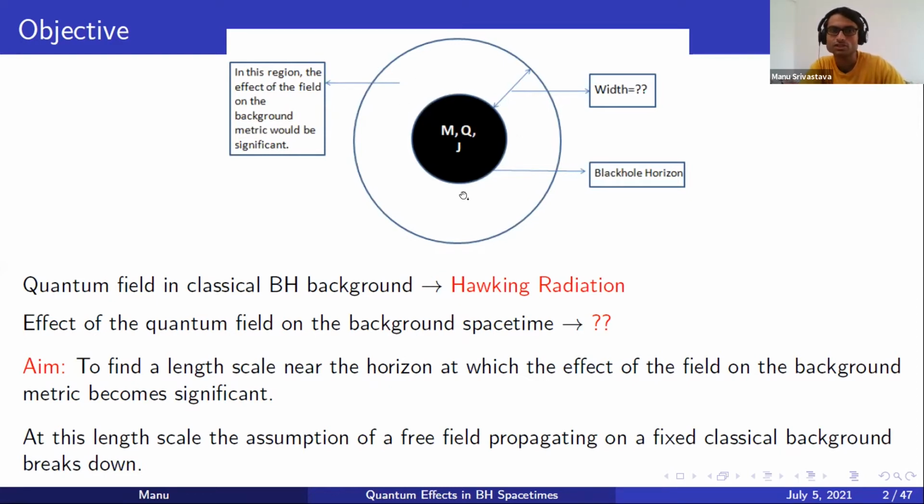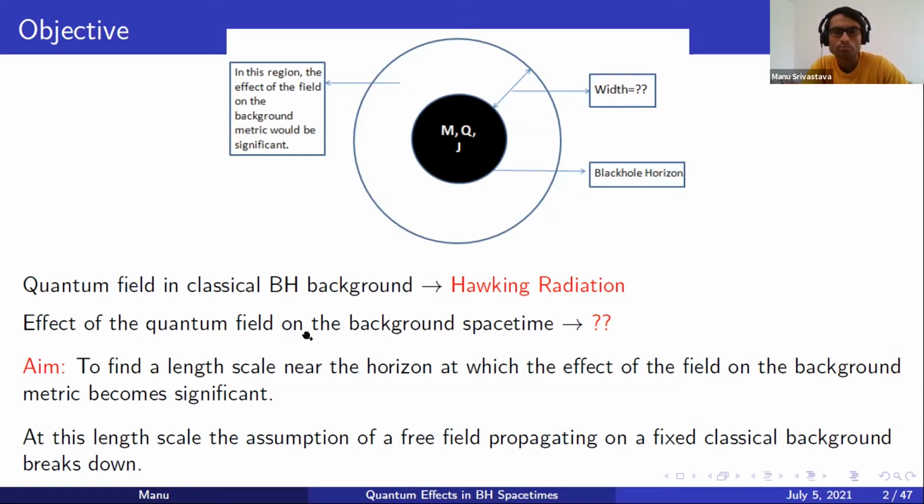So in this work, we try to see how that suppression is directly related to the Planck length, or how it is related to the size of the black hole or some other property of the black hole. We are trying to estimate the width of this strong interaction region.